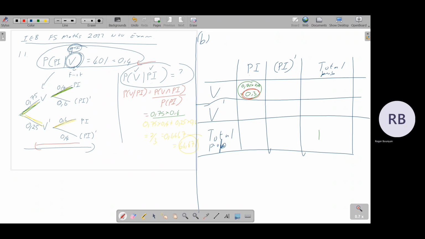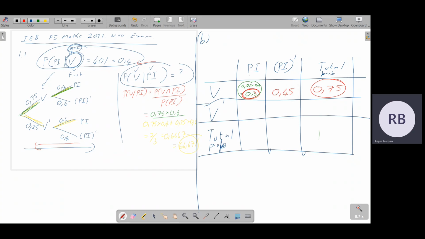Okay, then, I also know, they said to us in the question, in a particular area, 75% have been vaccinated. So I know that this must be 75%. So 75% have been vaccinated. Okay, so this is 0.3 and that's 0.75. 0.3 plus what gives you 0.75?